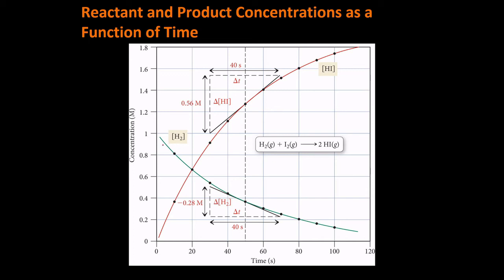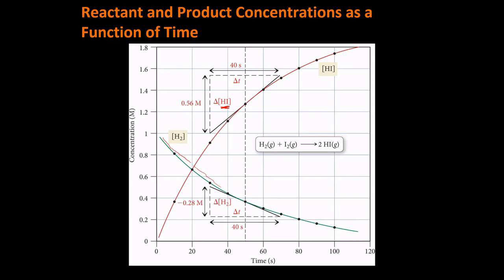So in this case here, we have H2 that is reacting and forming HI. This is one of the products. And the reason why the reaction goes slower is because as time goes by, the amount of reactant that you have is decreasing. We have less and less reactants for the reaction to occur with.